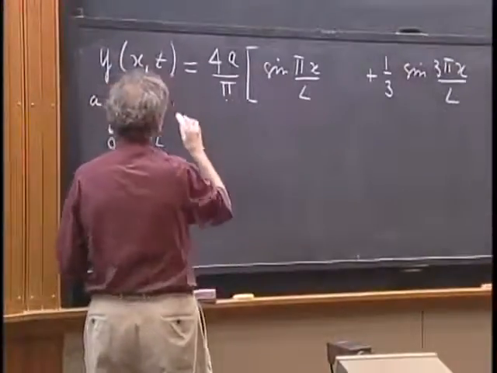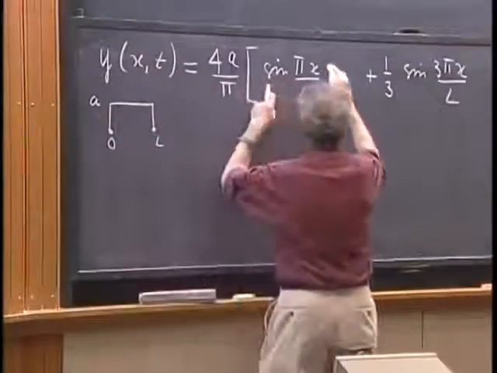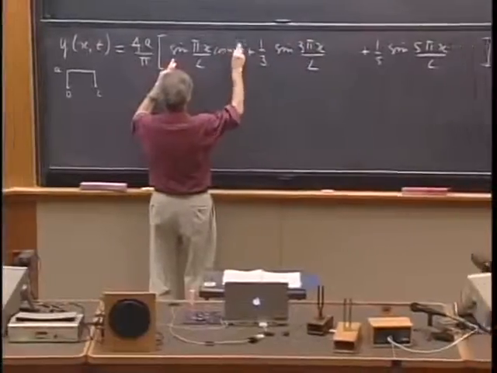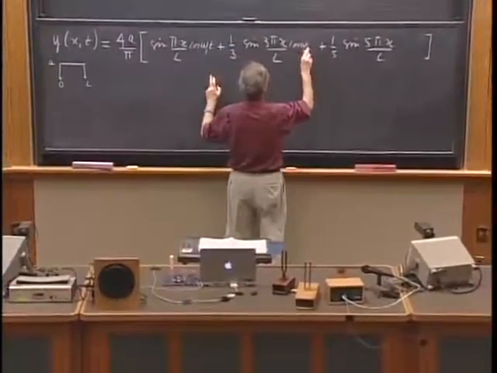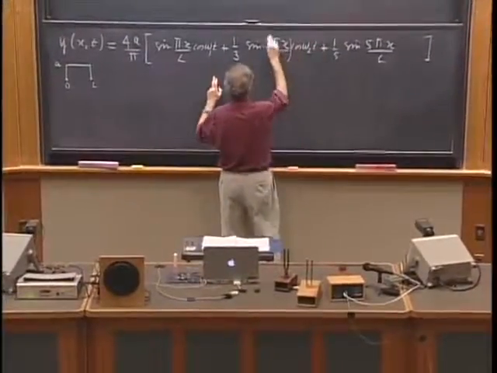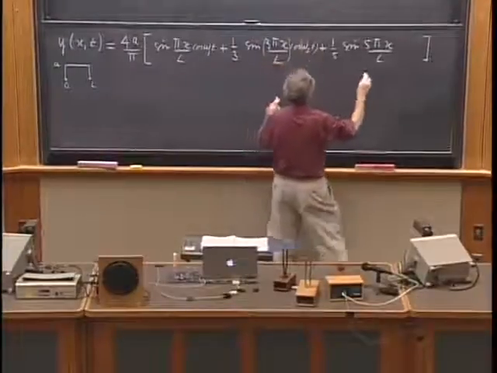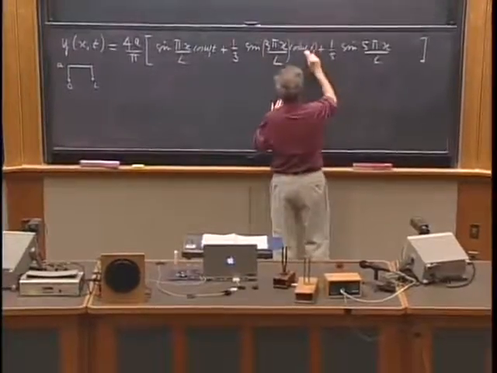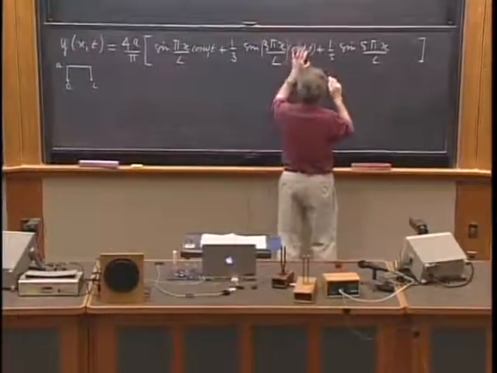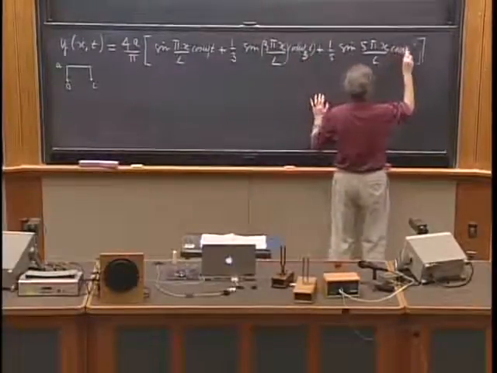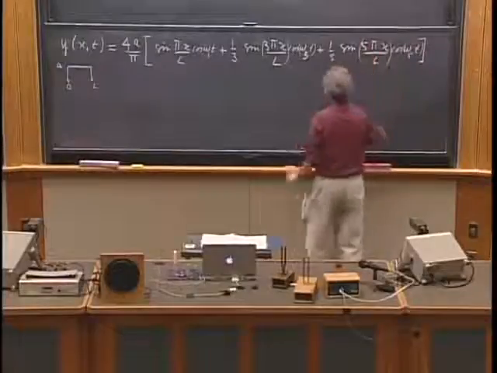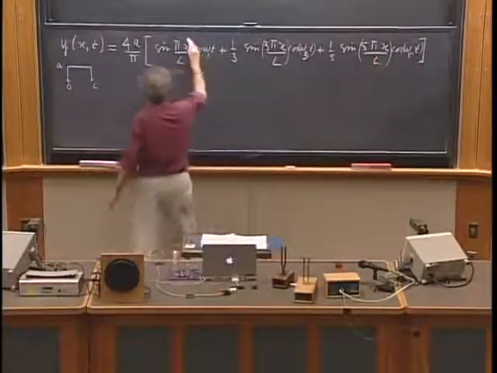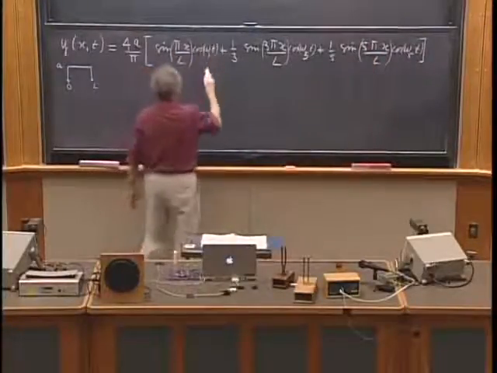And what happens now is that this one is going to oscillate with omega 1 t, and this one oscillate omega 2 t, and this one omega 3 t, and this one is going to oscillate with cosine omega 5 t. Each one of these is a standing wave.